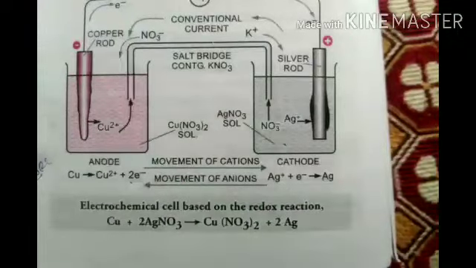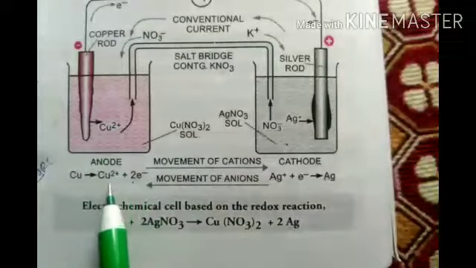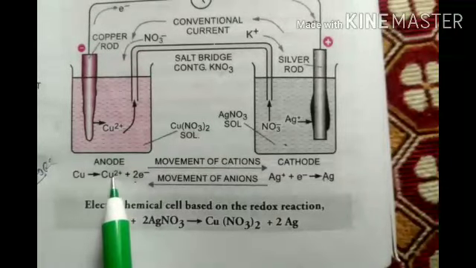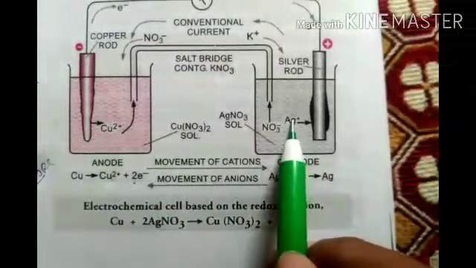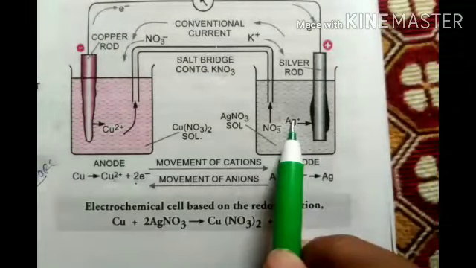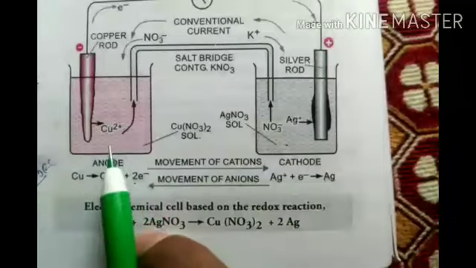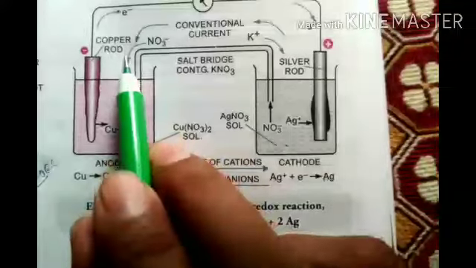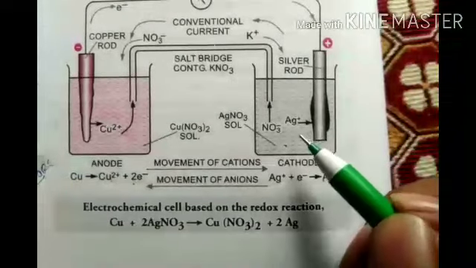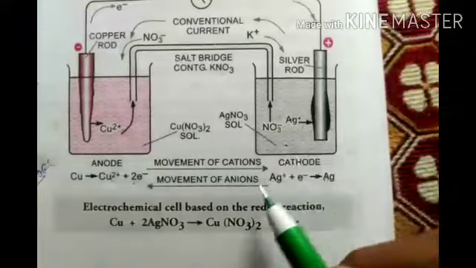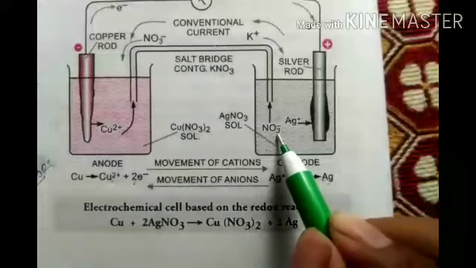The movement of cations and anions. After releasing electrons, Cu becomes a cation and goes to this side. But at that time, what will the salt bridge do? It supplies NO3, and it becomes neutral. Now here in AgNO3, Ag is gaining electrons, so NO3 minus will come here.